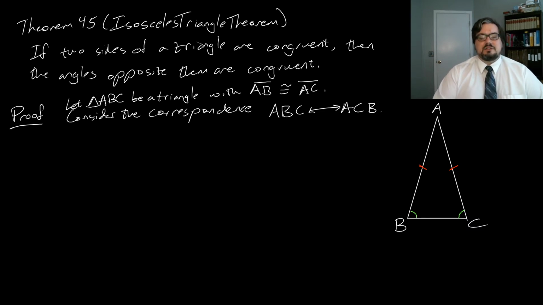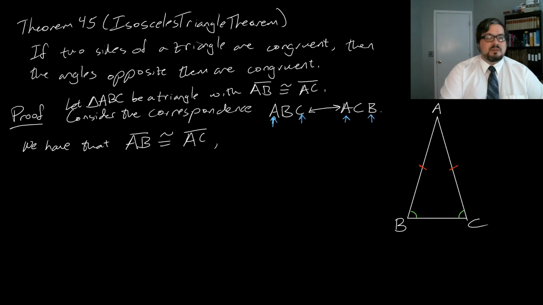So now let's consider the correspondence ABC goes to ACB. So we have that the segment AB is congruent to the segment AC. That was part of what was given here. So that gives us that the segment with vertices at A and C corresponds to the segment with vertices at A and B.